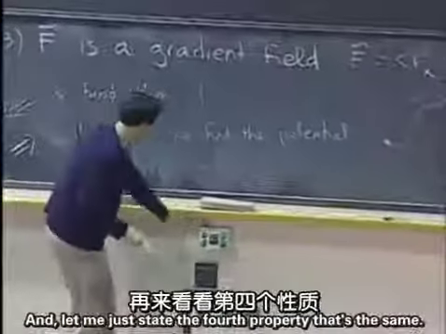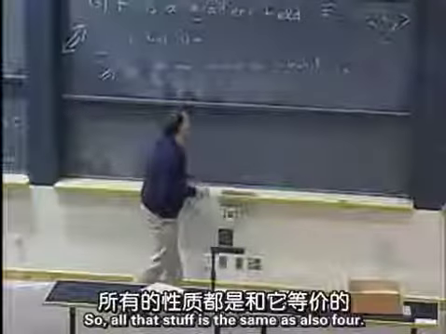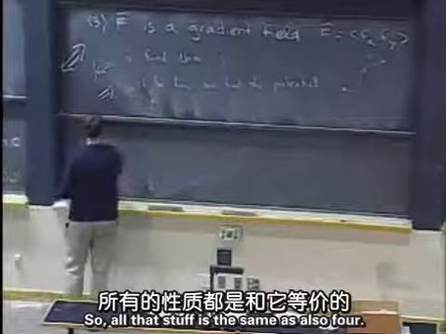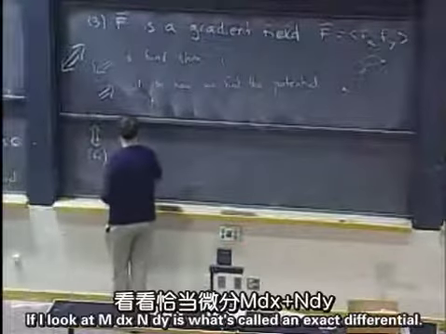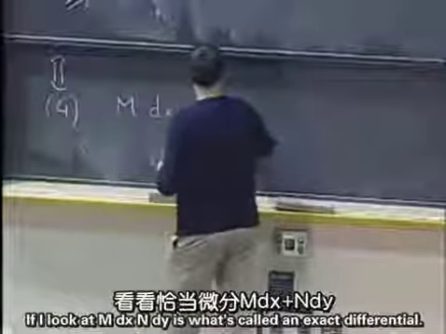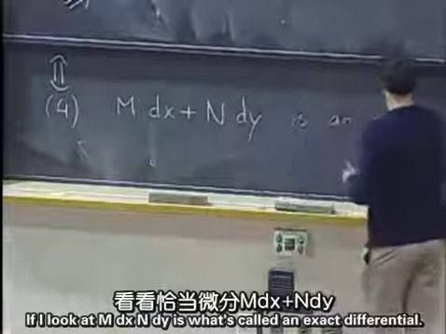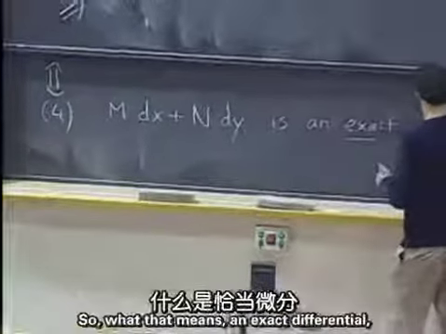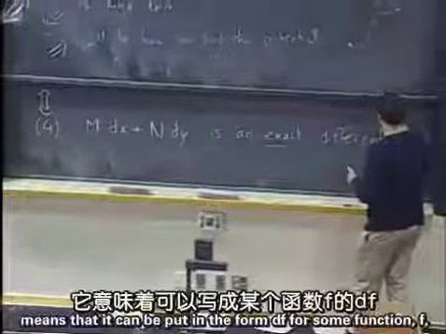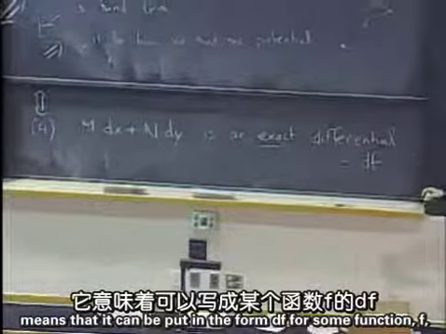And let me just state a fourth property that's the same. So all that stuff is the same as also 4. If I look at M dx plus N dy, it is what's called an exact differential. What that means, an exact differential, is that it can be put into the form df for some function f.